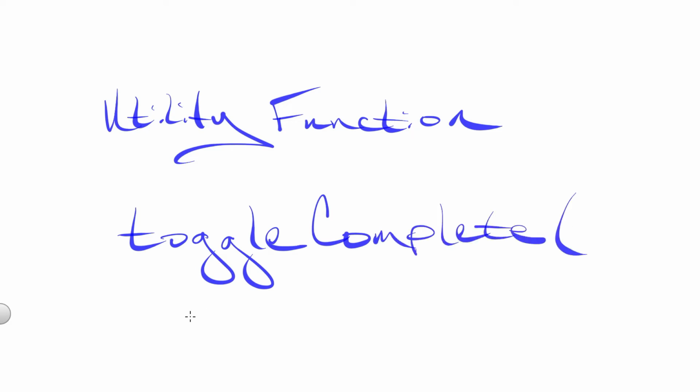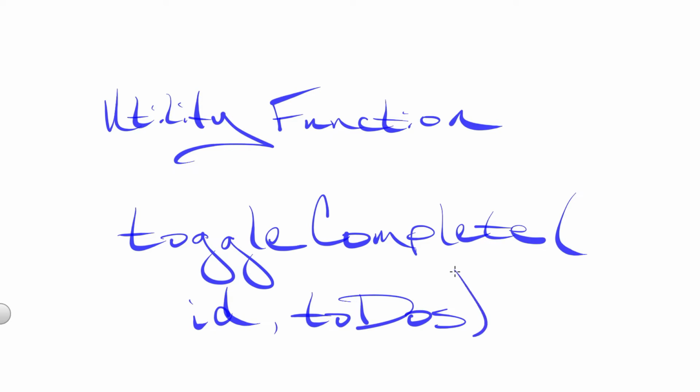And let's give it an ID and the to-dos: the ID of the item to toggle and the to-dos array. And it will return a new array. All right.